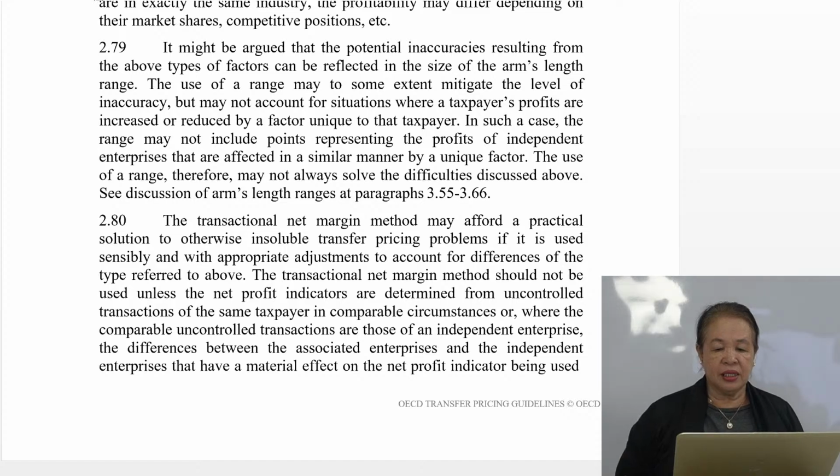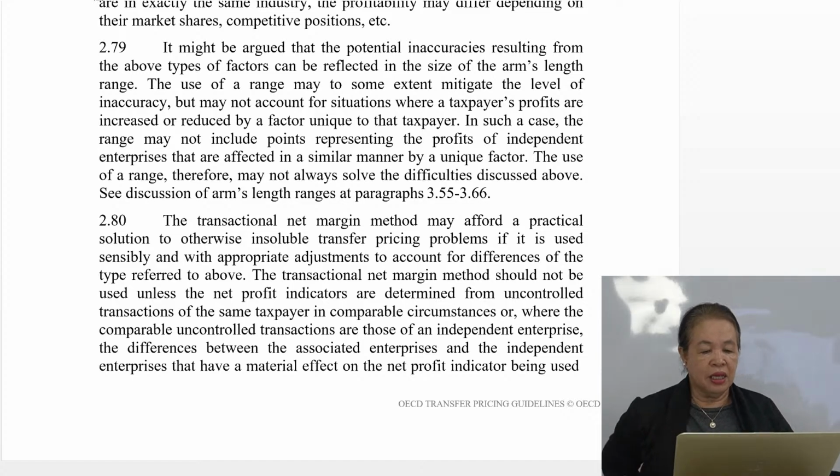So in such a case, the range may not include points representing the profits of independent enterprises that are affected in a similar manner by a unique factor. The use of a range, therefore, may not always solve the difficulties discussed above. See discussion of arm's length ranges at paragraph 3.5 to 3.66.